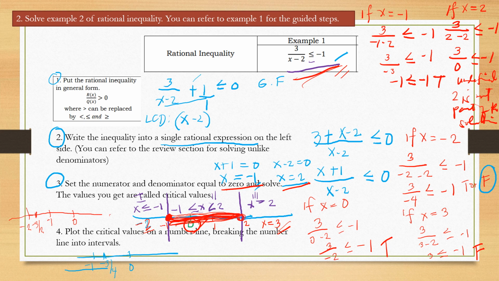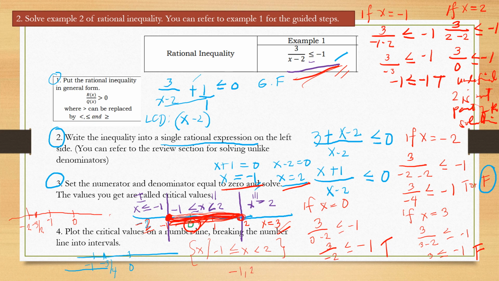With that, ang solution niyan ay, pwede mo tong isulat, itong sinulat ko sa taas, x such that x is less than 2 but greater than or equal to negative 1. Or yung interval notation na negative 1, 2.